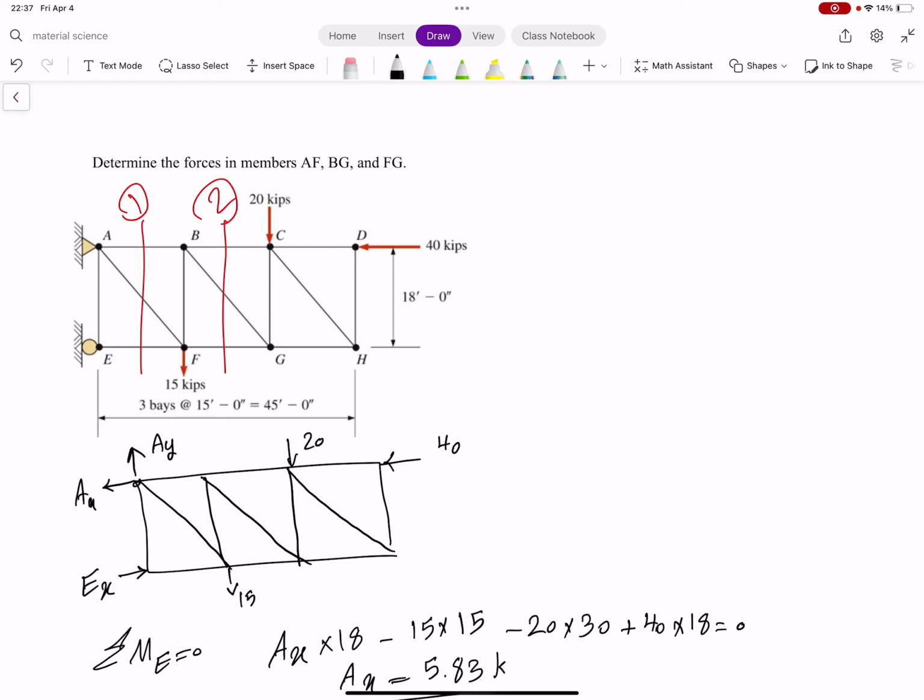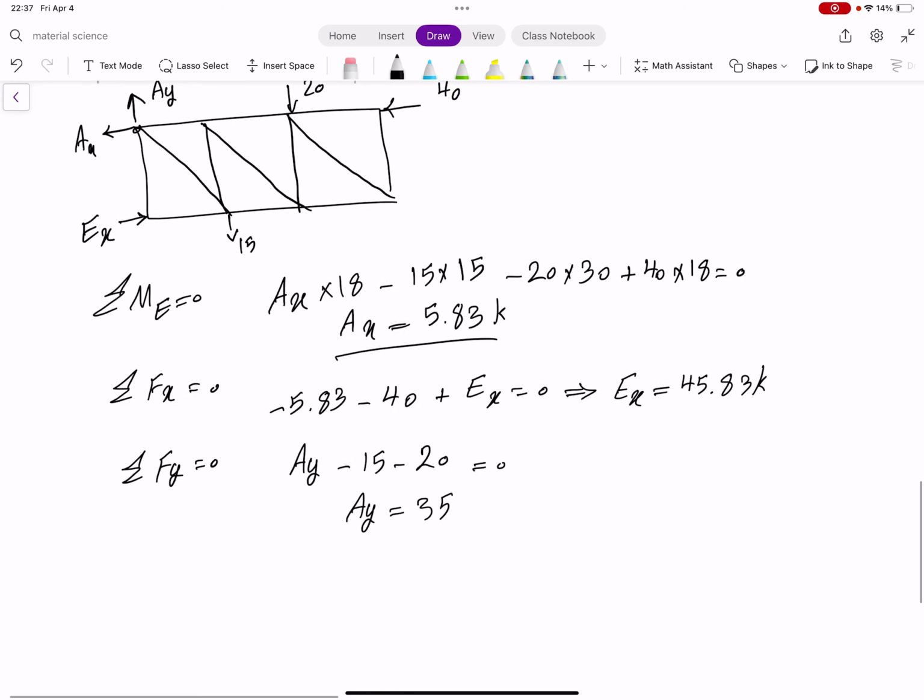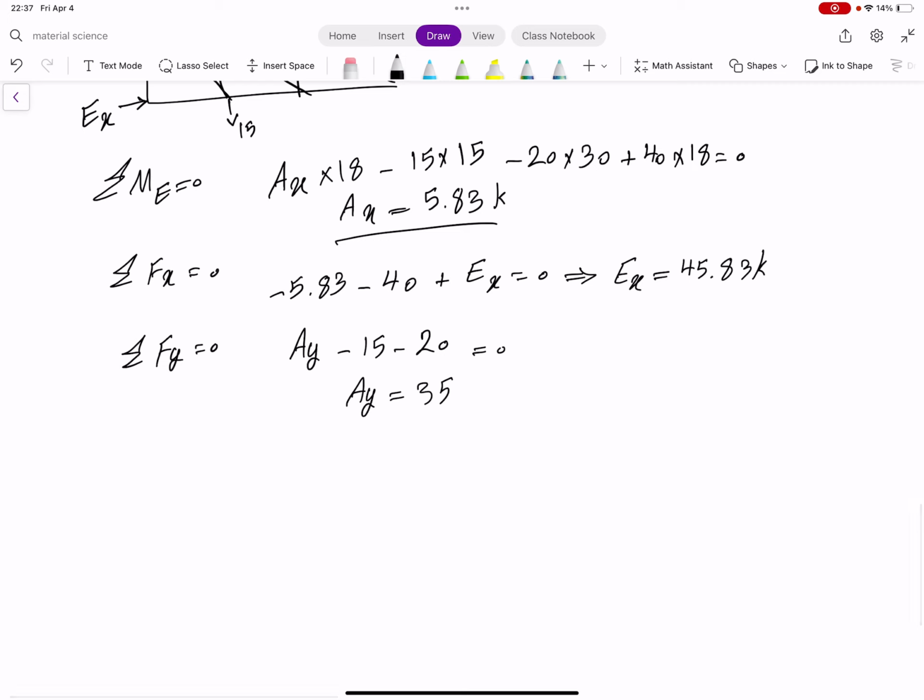You can use cut 2 first, this one, or you can use the first cut, this one. If I use cut 1, which is going to be closer to point A, so I will have something like this, right?